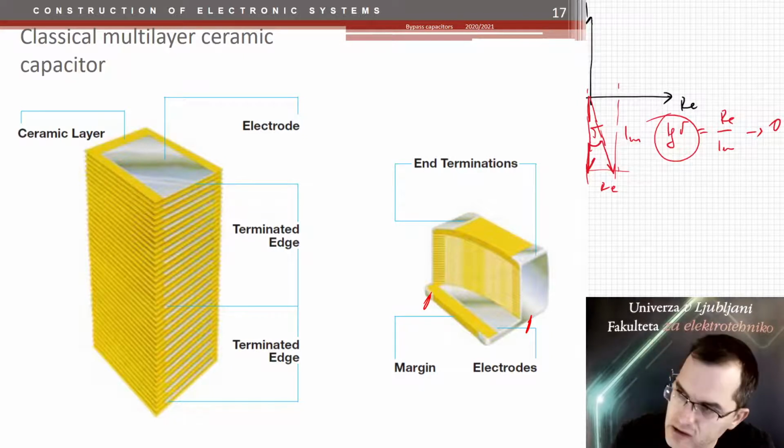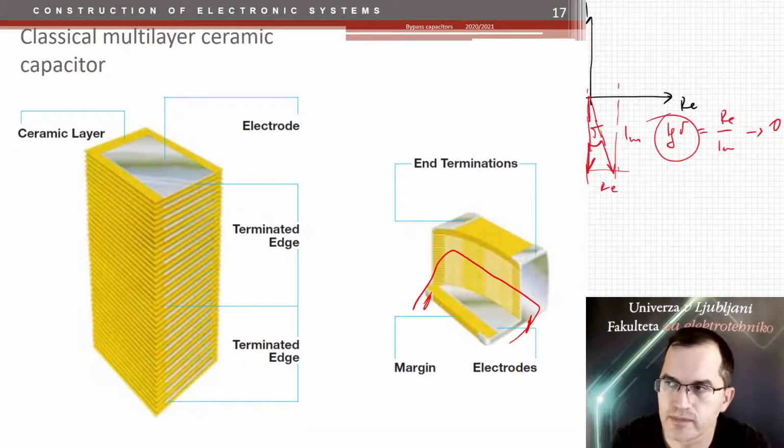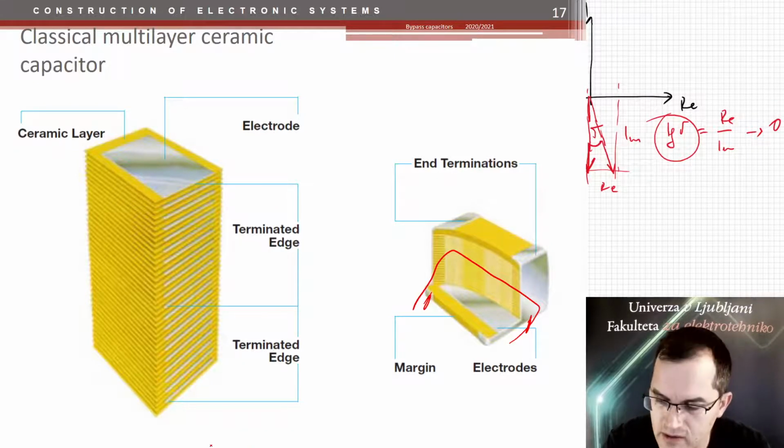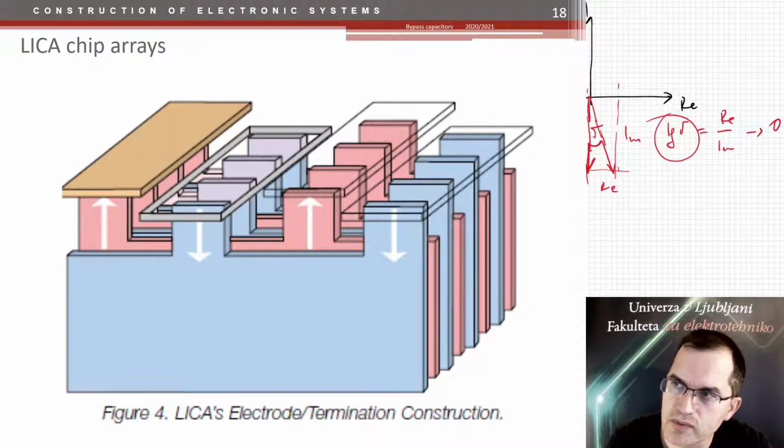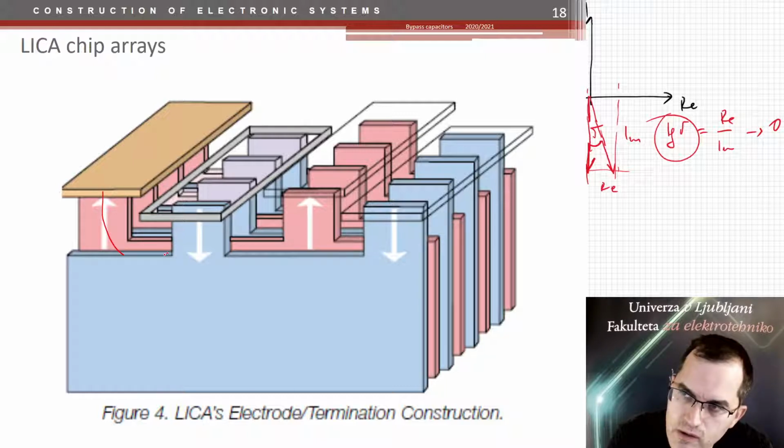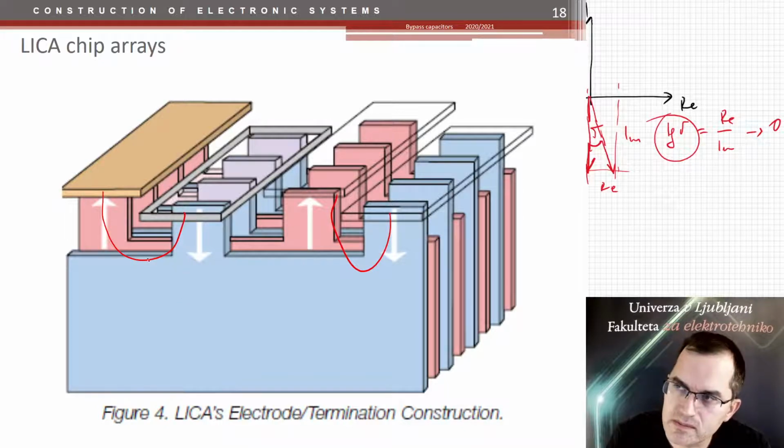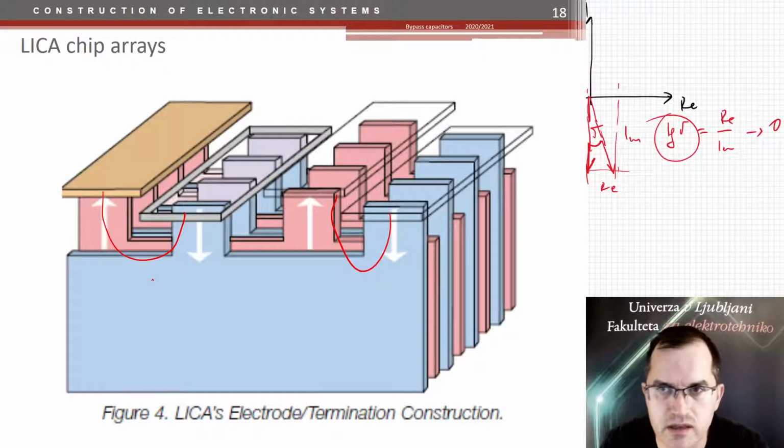So here the current has to travel the whole path down through it. What about the reverse geometry chip array? It has contacts on the same side, so the highest frequency currents just flow here and there. So it's a much shorter path and therefore much lower series inductance.